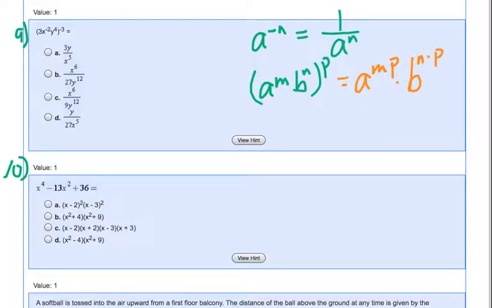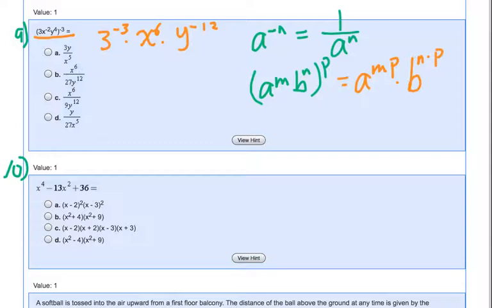So your exponents multiplication. Therefore, first of all, I will do the power of a power format. I have 3 to the negative third power times x to the negative 2 times negative 3 is 6, times y to the negative 12th power.